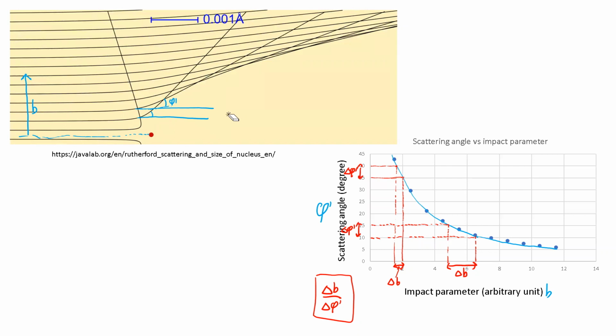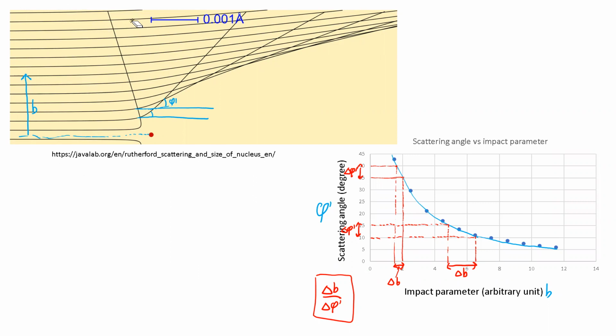But you could imagine that as you have a larger and larger impact parameter, the scattering angle will approach zero. For those paths, we say that no scattering occurs. If the scattering angle is zero, that means it's not affected at all, so no scattering.